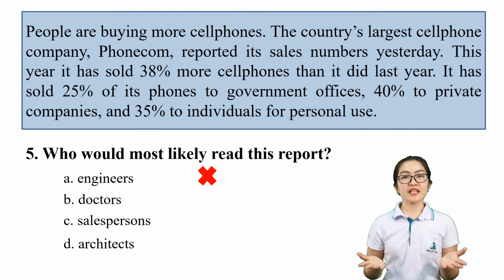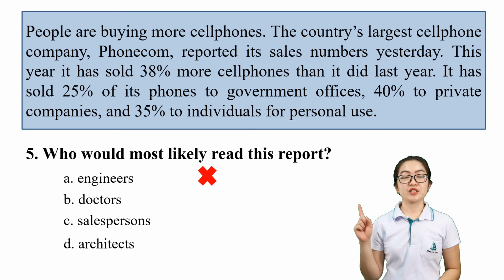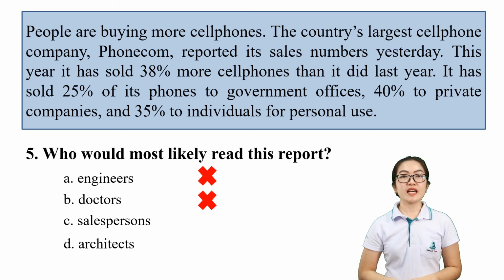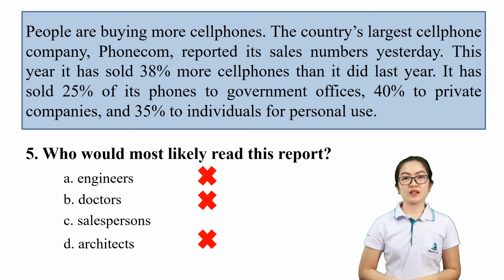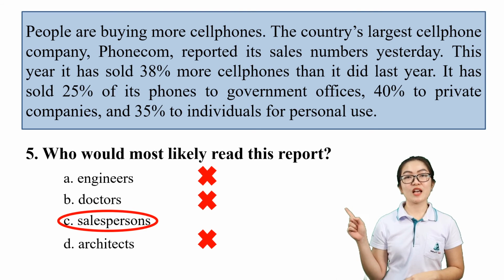There isn't any information about hospitals and medicines. Letter B is also not an answer. Architects design buildings which are not in the passage. The passage presents data about the difference of the sales and the percentage of sales. Therefore, the people who most likely read this report are letter C, salespersons.